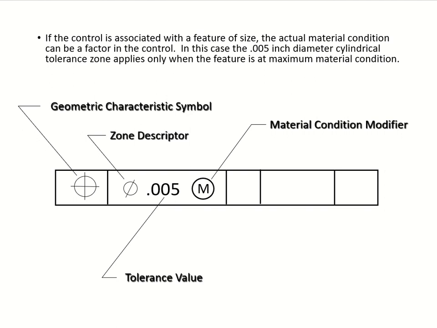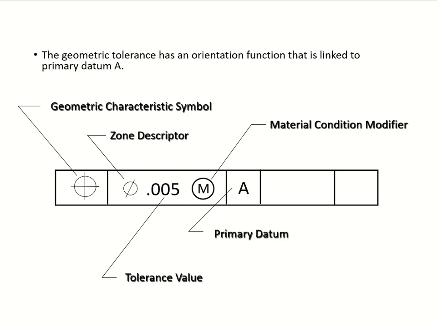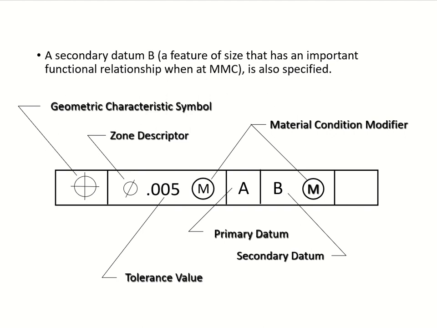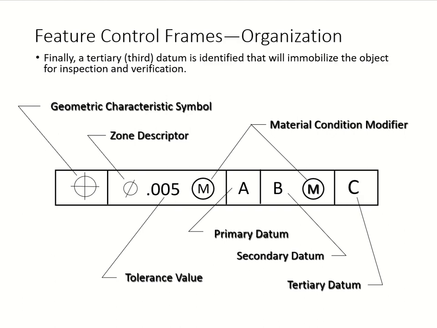We don't know if that is L or M or S. It's just showing you the general idea that we are dealing with a material condition modifier. Then primary datum, secondary datum, and another material condition modifier comes with it, either MMC, LMC, or RFS. And then here is your tertiary datum. So these are the contents that have to go into your control frame in that order.